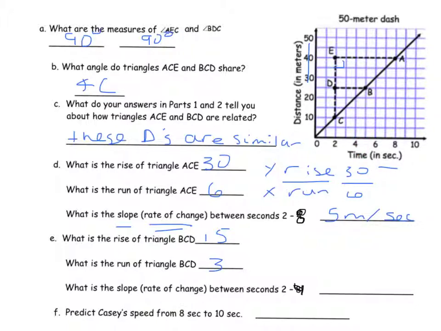Remember, the slope is the y change over the x change, rise over run. So that would be 15 over 3, but we can reduce that, and we always want the reduced form. So 15 over 3 is 5 meters per second.